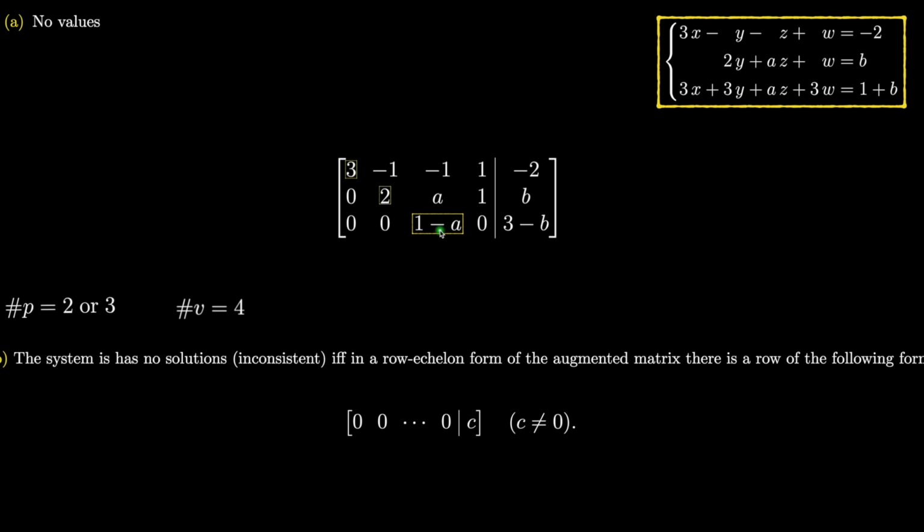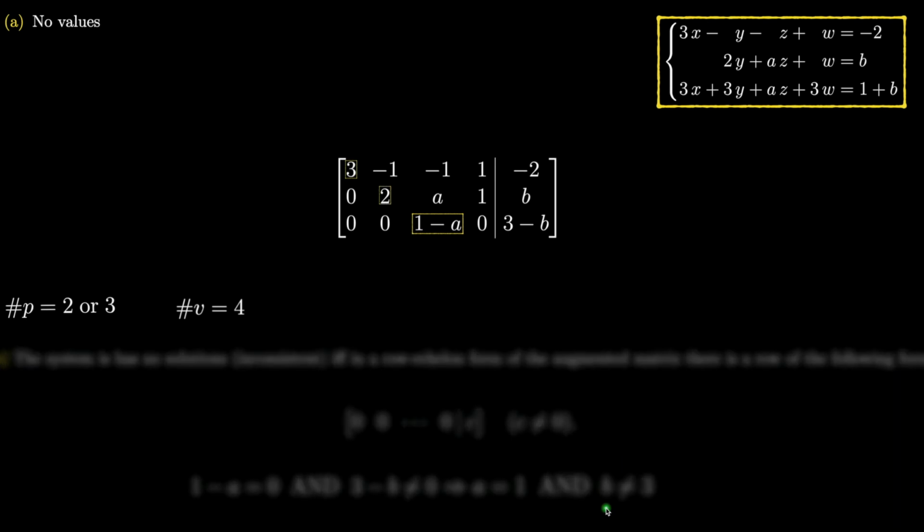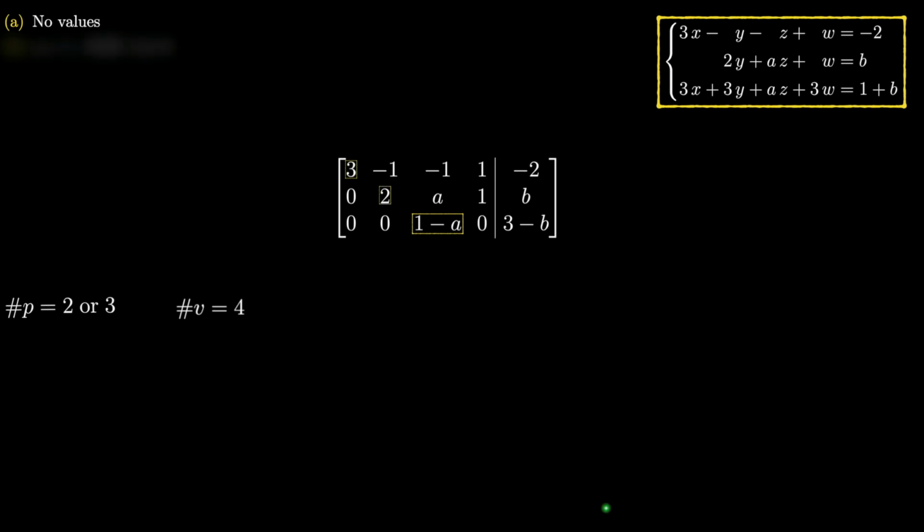So 1 minus A should be 0, and 3 minus B shouldn't be 0. So of course this means what? This means A is equal to 1 and B is not equal to 3. So that is actually the solution to the second part of the question.